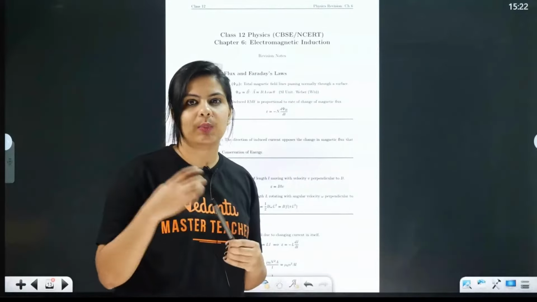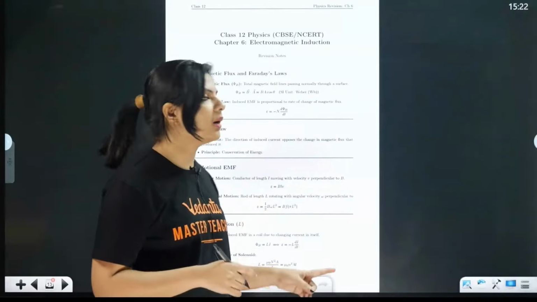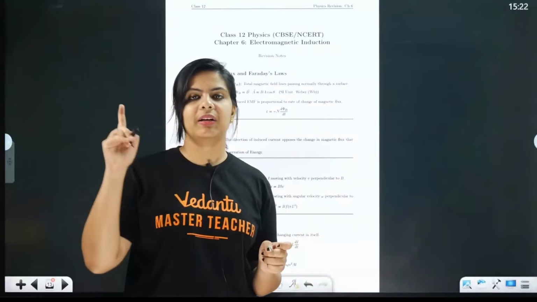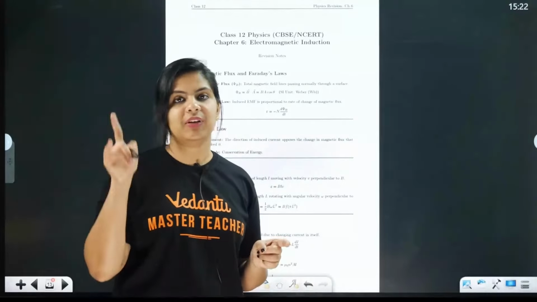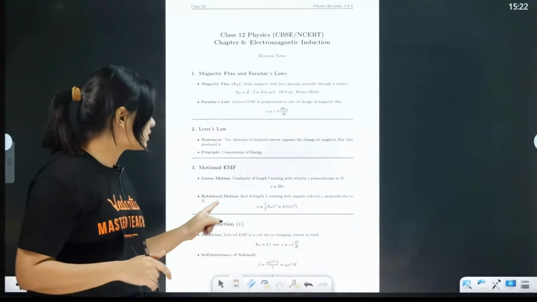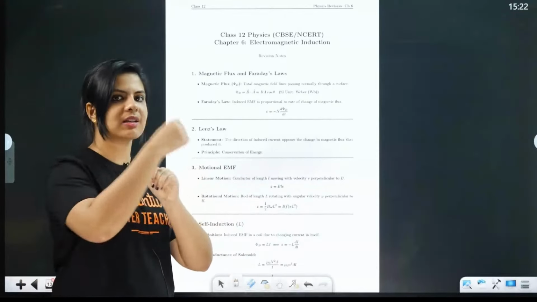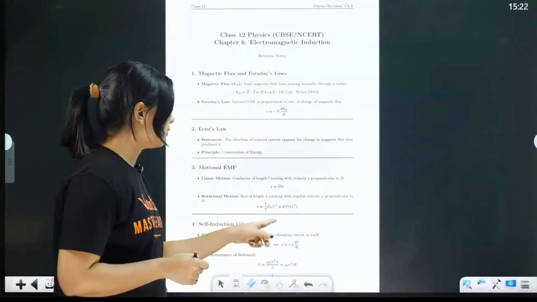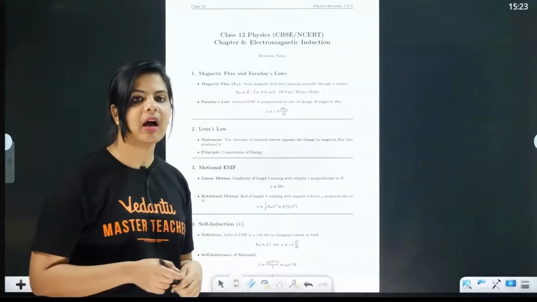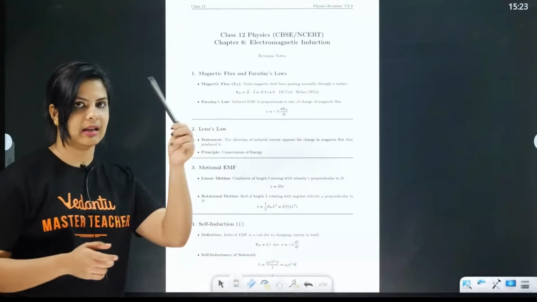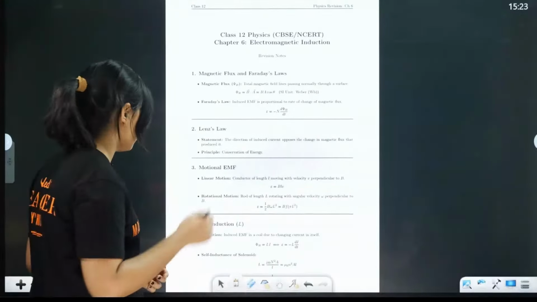So there will be an induced EMF, and the induced EMF is B L V, where B is the magnetic field, L is the length of the conductor, and V is the velocity. Next, if it is a rod and it is rotating, the induced EMF will be half B omega L square. Understood? L is the length of the rod.